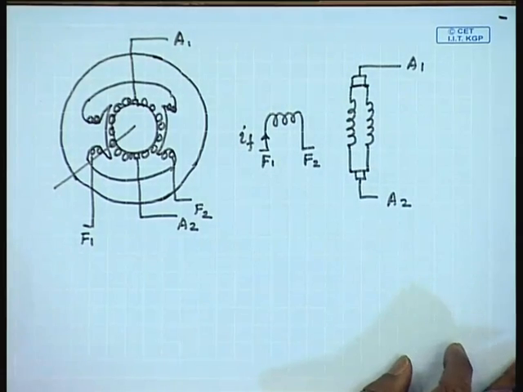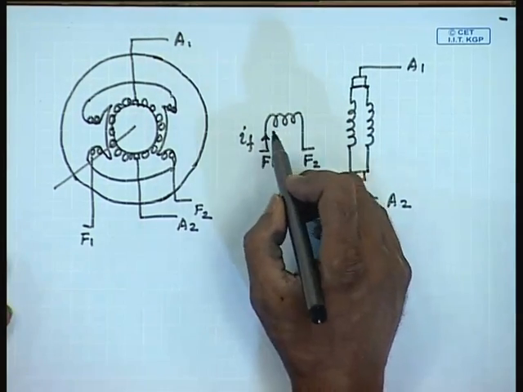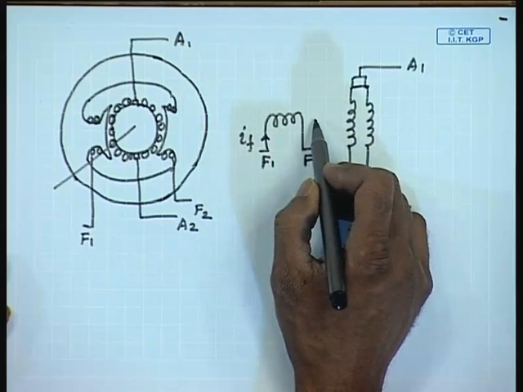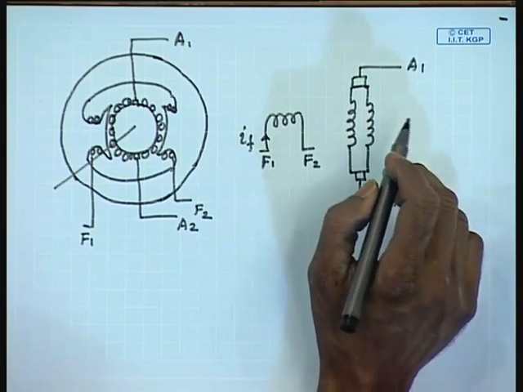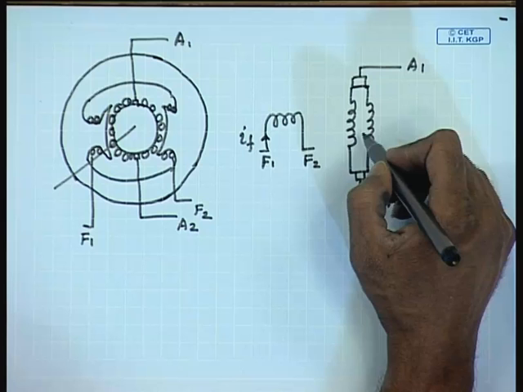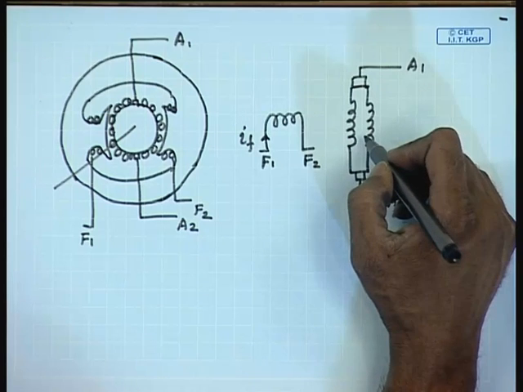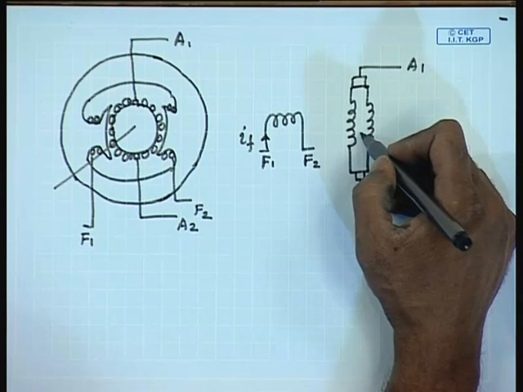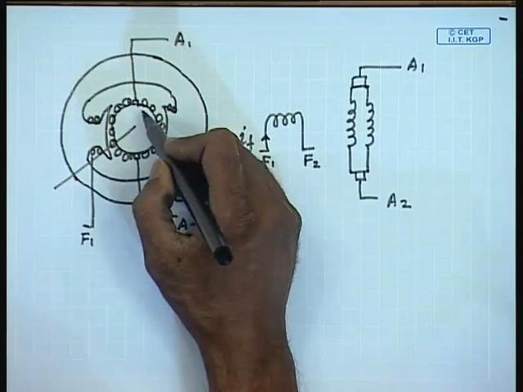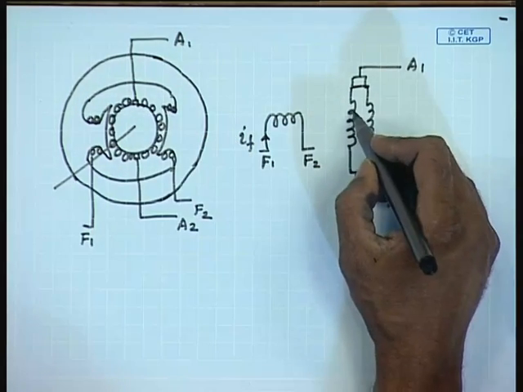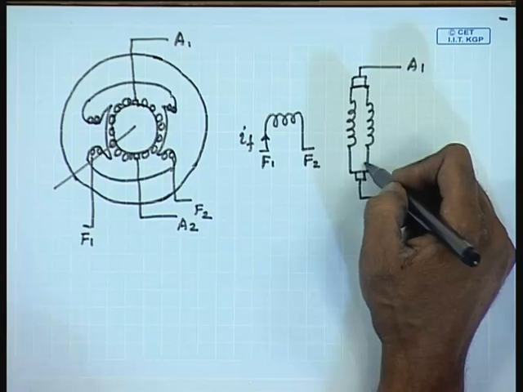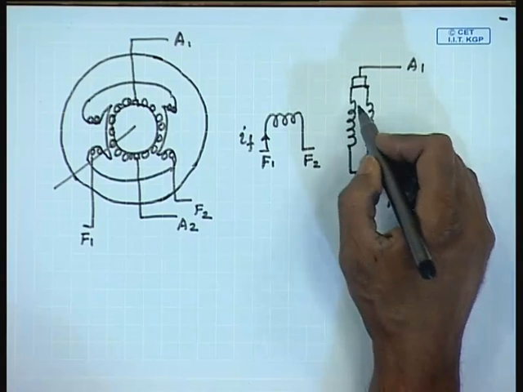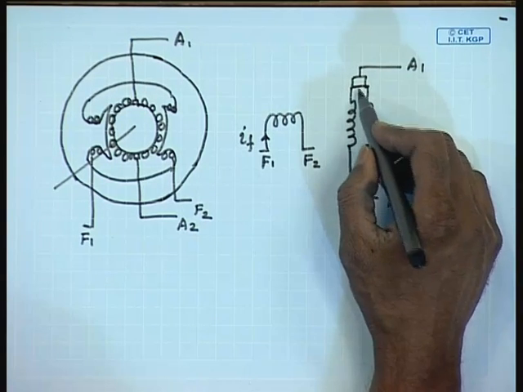It is to be noted that although you have a physical single field winding, the armature winding represented in this schematic diagram does not really exist in the actual machine. In the actual machine, as the armature rotates, the constituent coils of these two parallel paths keep changing, but overall the structure looks like this.